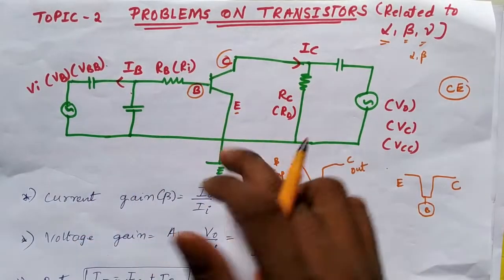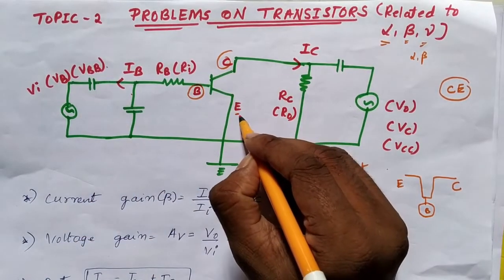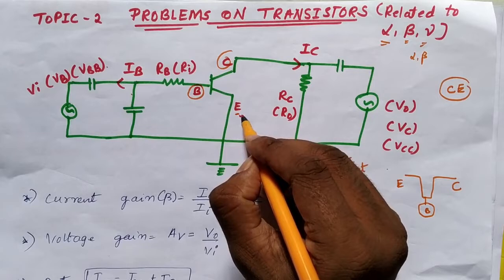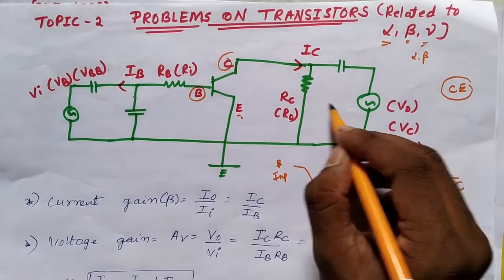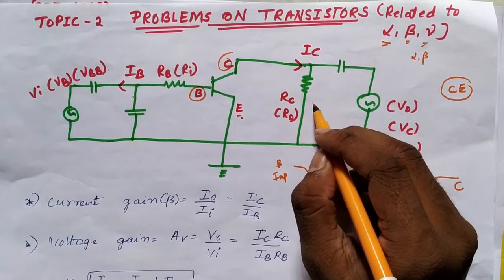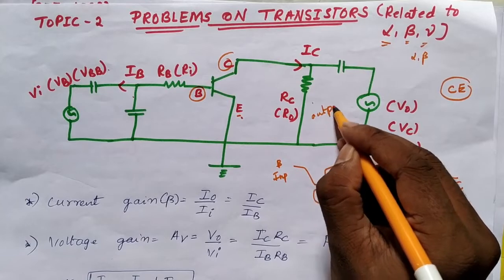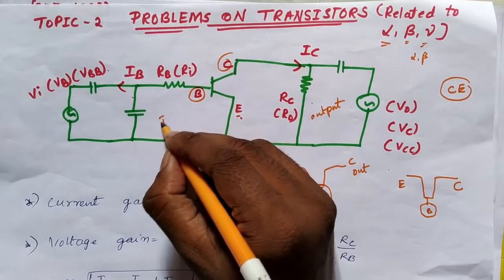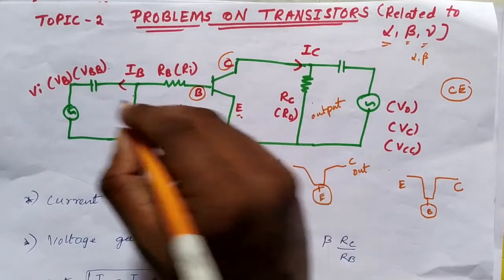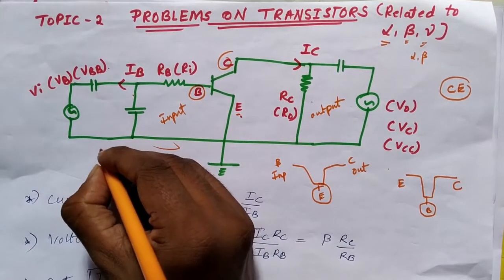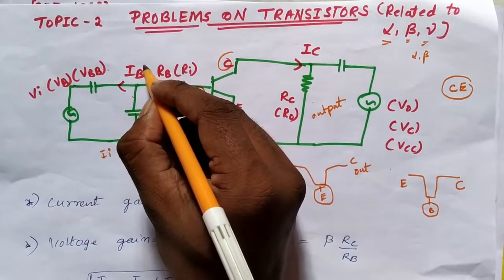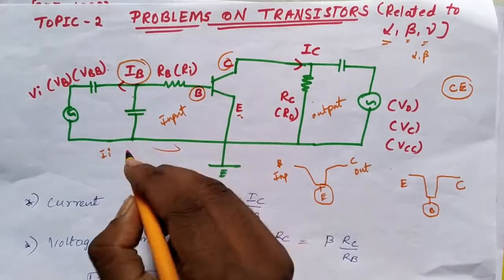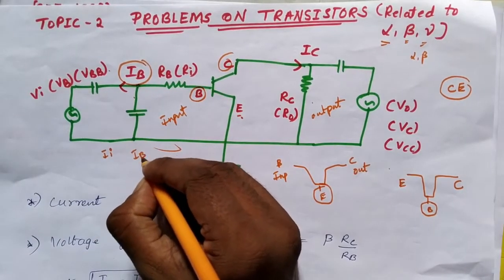Okay, this is the transistor. Since I told you this is a common emitter type of a transistor, on the right side we are having a collector and so it is output side, and on the left side we are having a base, so this is input side. Okay, here input current is considered as IE or IB or IBE.